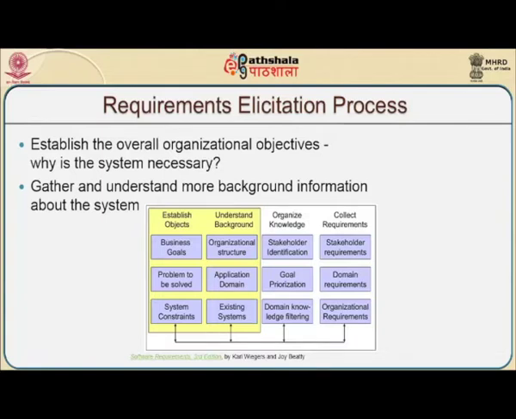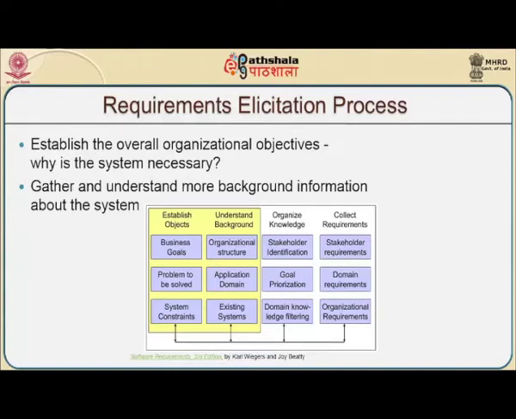So it is not just the application domain which we are trying to implement, or similar types of systems that somebody else has already developed and we are trying to advance. Not only that, we will try to understand how the company or organization has been working so far and what changes they require through this development.